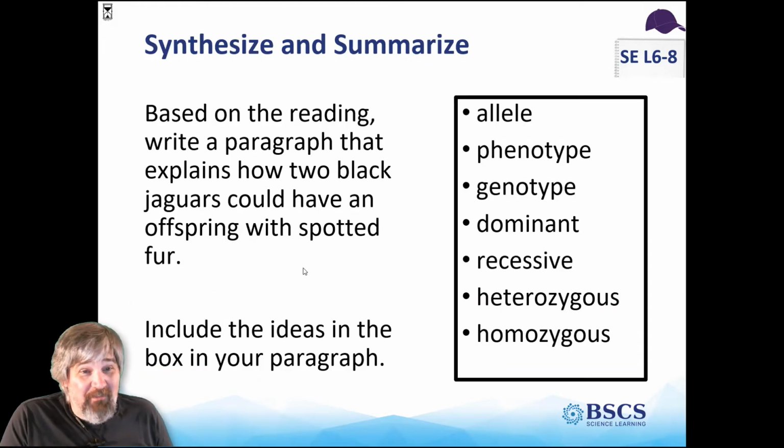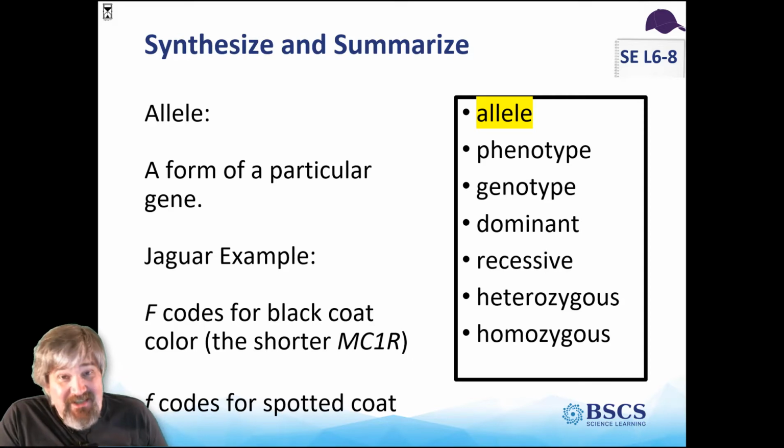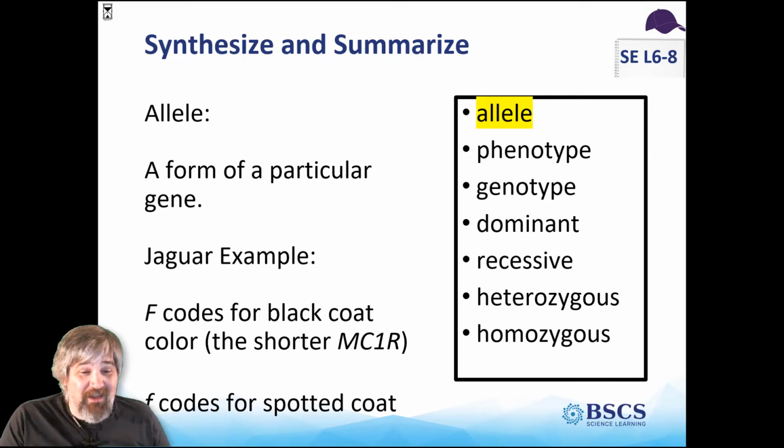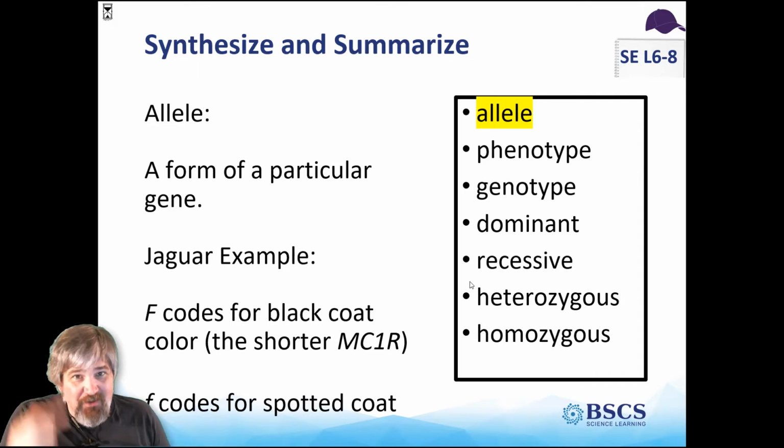Now, here are some terms I'm going to go through right quick and explain. So an allele, remember, that's a form of a particular gene. In the jaguar, we were using black coat color and spotted coat color as the phenotypes, and then we're saying here's a hypothetical gene F that codes for black coat, with the understanding that there's a whole bunch of other intermediate steps in this metabolic process to create a color, like in your own hair as well.